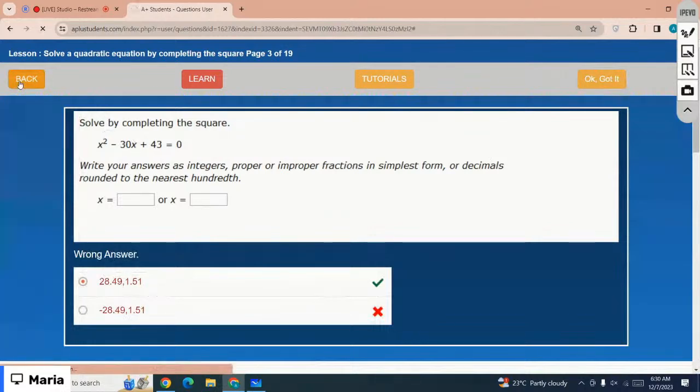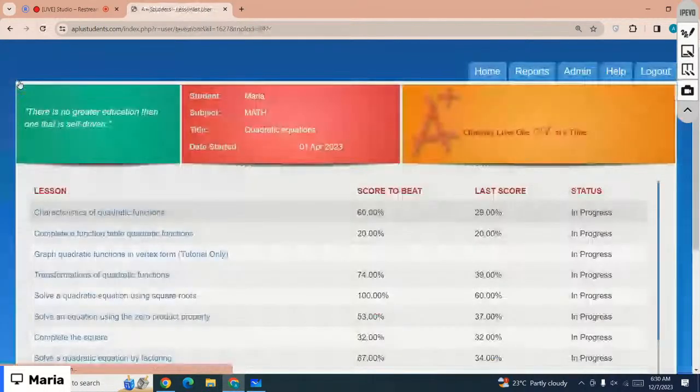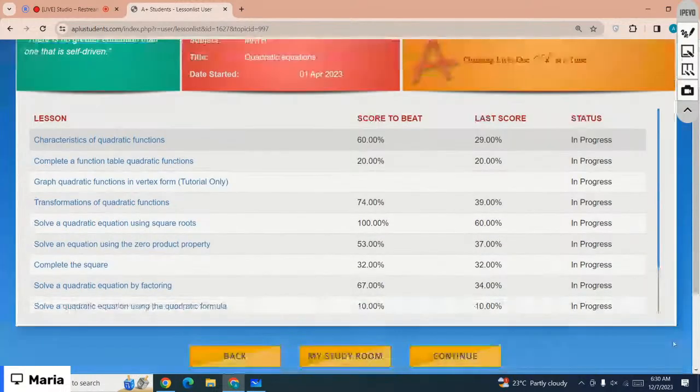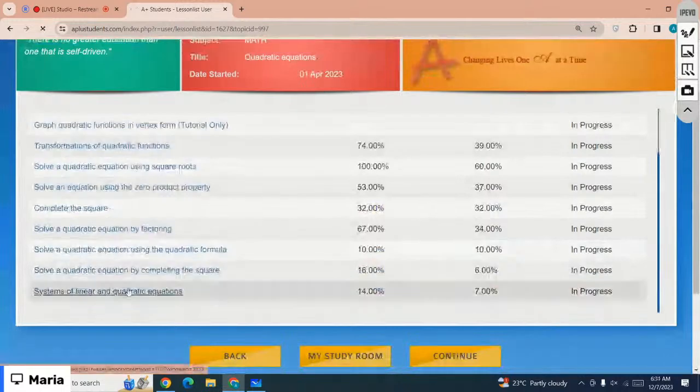The next lesson is system of linear and quadratic equations.